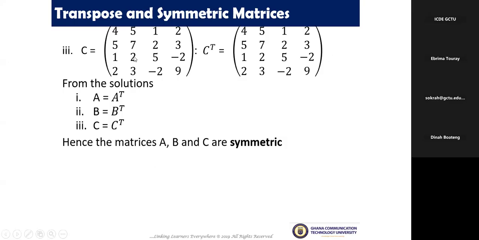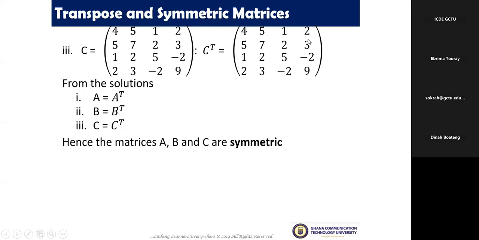And you see the third example. Look at the transpose. This is the original. Look at the transpose. Are they different? No, the same thing. So you take the first row, it becomes the first column. You take the second row, it becomes the second column. Take the third row, it becomes the third column.